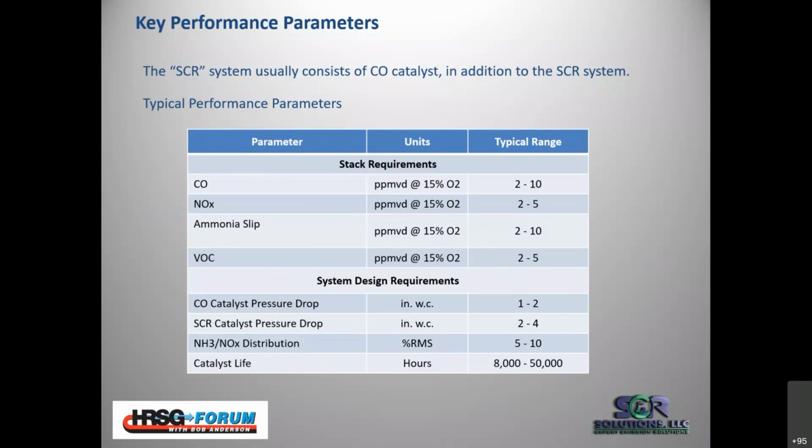Ammonia slip, and we'll talk about a case study where the ammonia slip is down at 2, which is becoming more common. VOCs, and then you can see the pressure drop requirements. So in a new system, these are usually the parameters that are given to an SCR supplier, whether it's a catalyst or the system supplier. And then the ammonia and NOx distribution is a topic of discussion that we'll have here. And then catalyst life, you can see that's all over the place in terms of requirements.